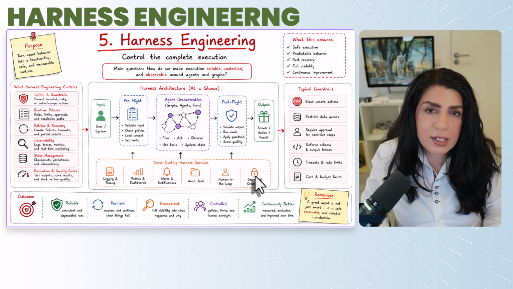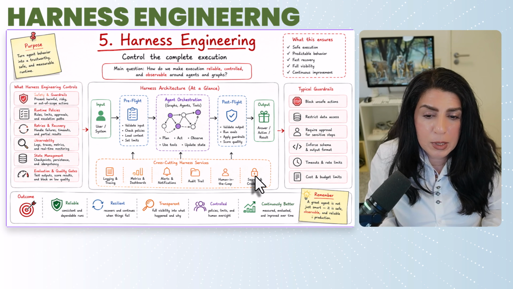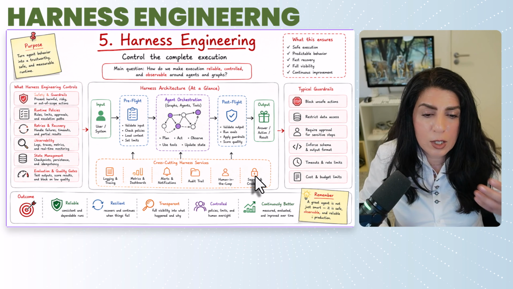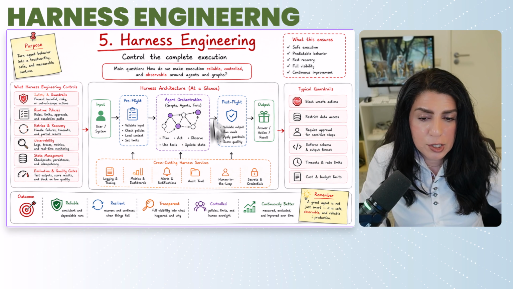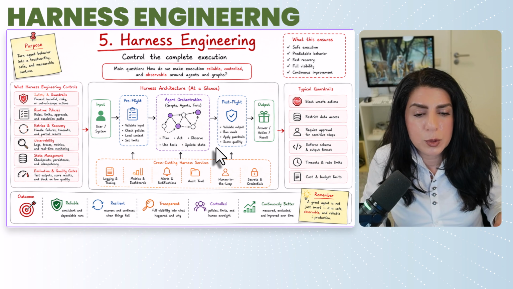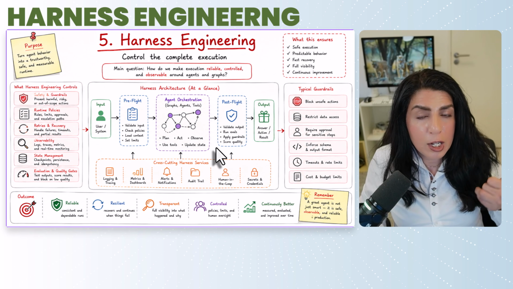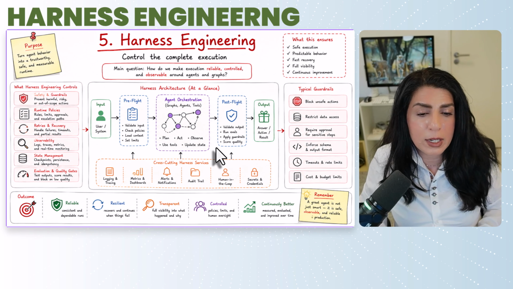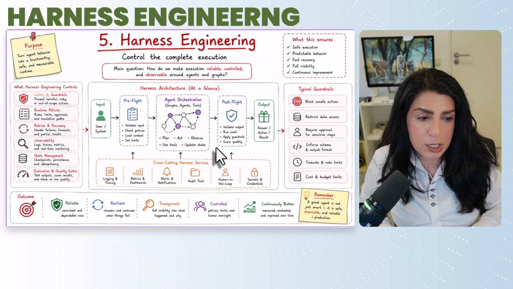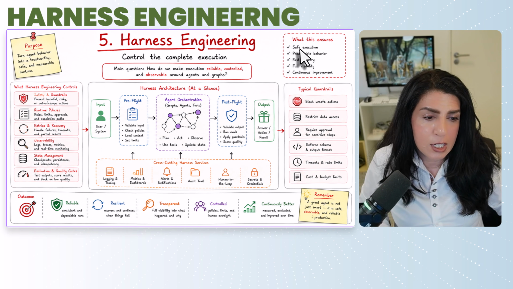All of that together is basically our harness, because we want to control the complete execution. That's harness engineering. Because how do we make execution reliable, controlled, and observable around agents and graphs? That's our harness engineering. We want this safe execution.